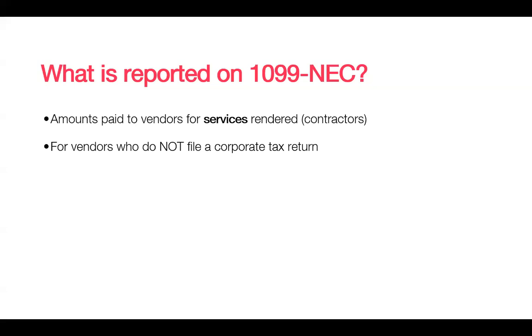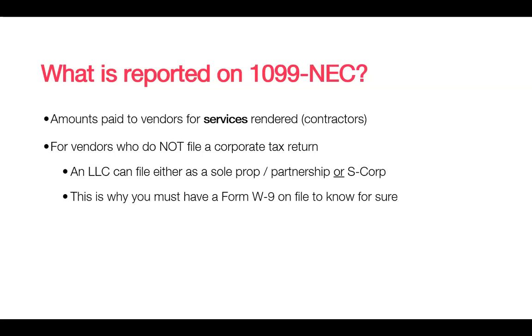Okay, but then thinking, well, how do I know what the vendors, my clients' vendors, are filing for tax returns? Well, that's why you have to ask for a W-9. So you want to be asking them. And obviously, if it says incorporated in their name, you don't have to give them a 1099. But if they're an LLC or they don't have anything after their name and they might be a sole proprietorship, you do need to get the W-9.